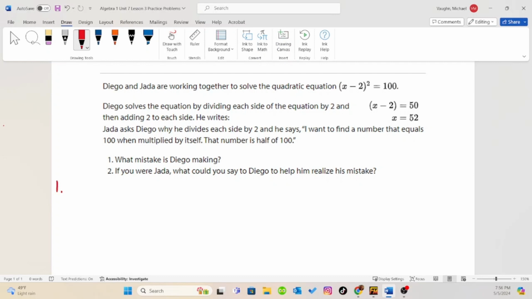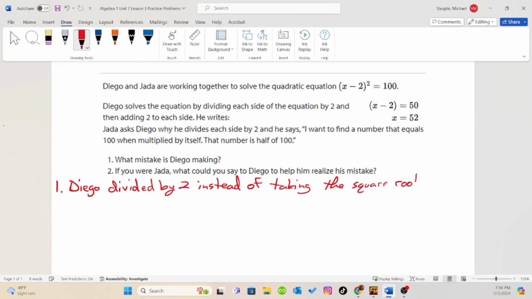So number 1, Diego divided by 2 instead of taking the square root.